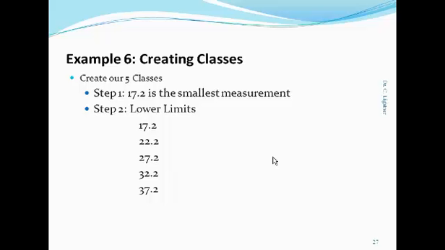Next, you should have started with 17.2 in creating the lower limit for your first class. You should have created the other lower limits for your classes by adding your class width to 17.2.